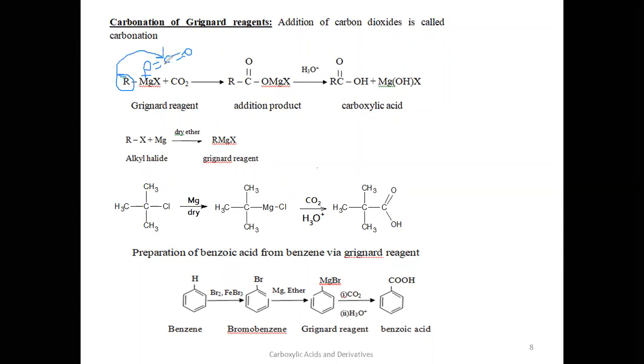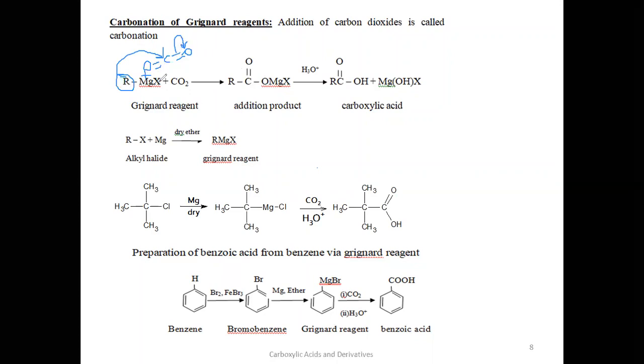So when this is coming here on bonding with this carbon, these electrons will be shifted here to satisfy the valency of this carbon. So we will get R now bonded to carbon, C double bond O, then this becomes single bond, C single bond O, and this gets a negative charge because of the shift of electrons here.